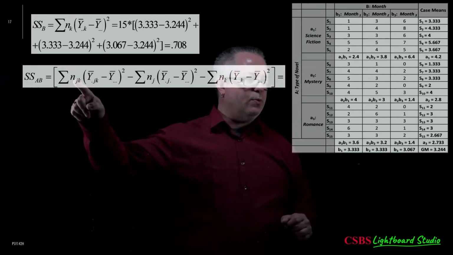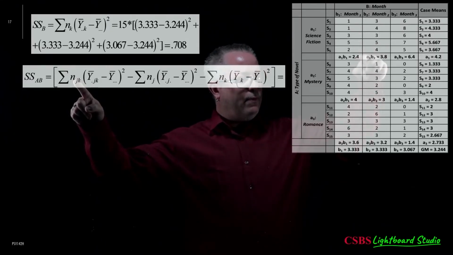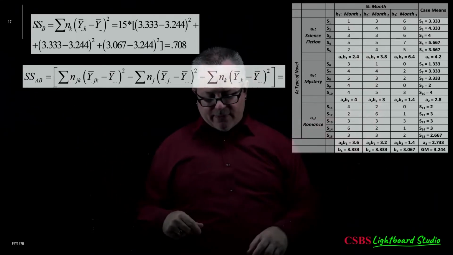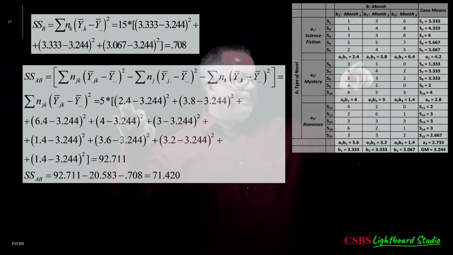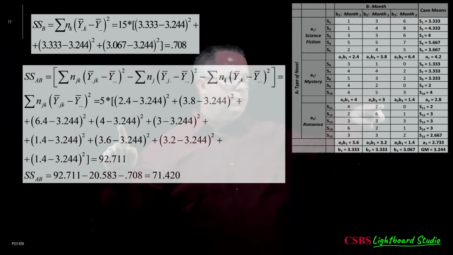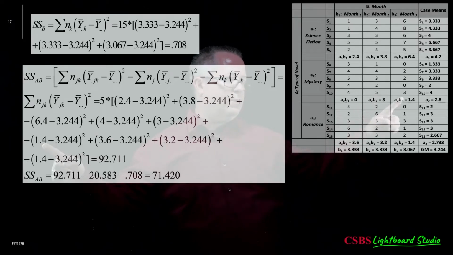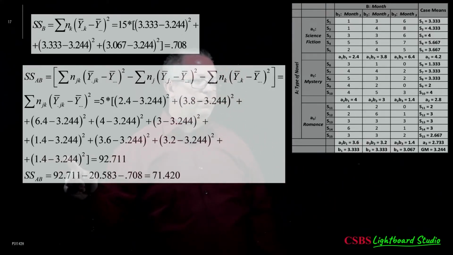And in each group, that 2.4 is the average of 5 scores, so I'm going to multiply this by 5. We follow that through. You've got the 2.4, the 3.8, the 6.4 there, 4, 3 there, 1.4 is there, 3.6 there, 3.2, 1.4, all subtracting out the same grand mean over and over again.